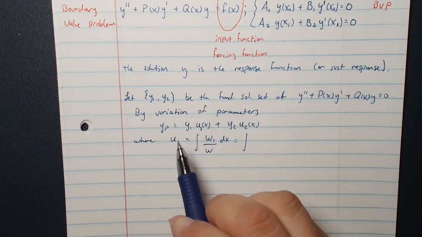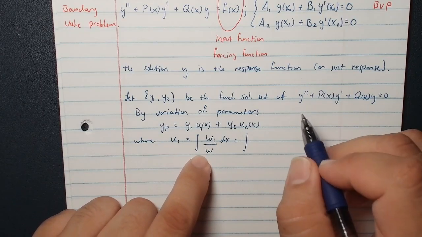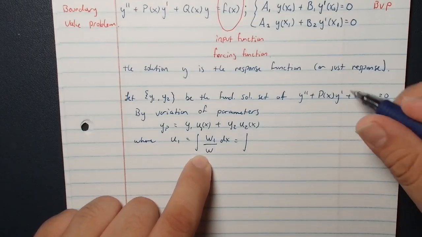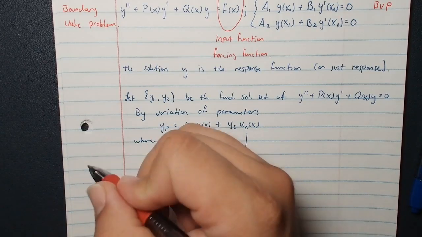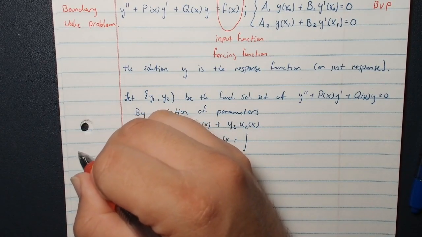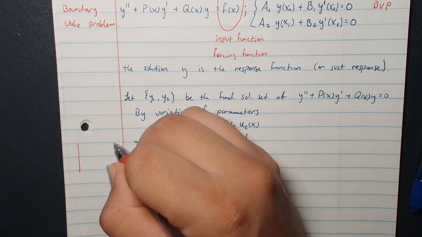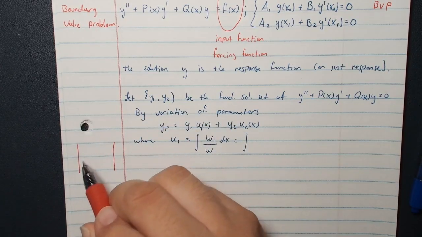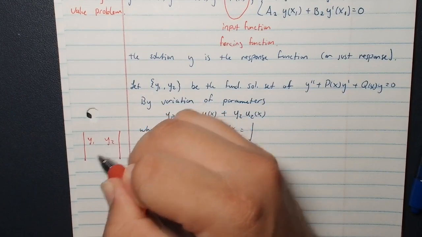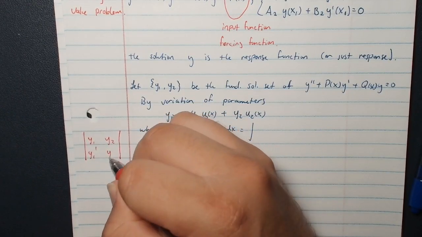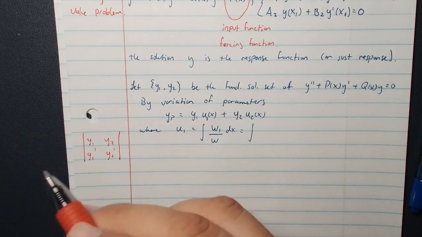But w1 was nothing more than, you're going to take your Wronskian matrix, which looks like y1, y2, y1 prime, y2 prime. That's our Wronskian matrix.